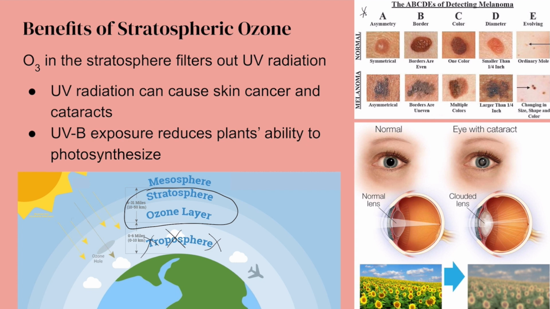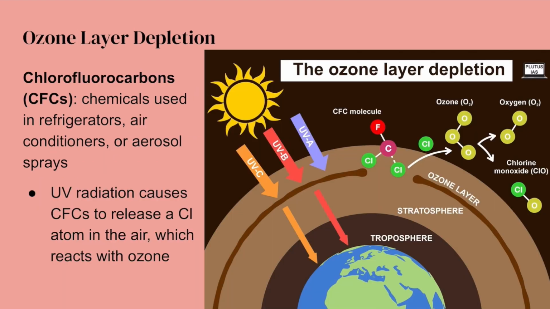So if we have a lot of UVB exposure because we have less ozone in our stratosphere, then we're going to get less photosynthesis, which means there's less energy available for those producers, less energy available for those primary consumers, and then as you continue moving up the food chain, we know that we lose most of the energy as you move upwards through those trophic levels. So if we're losing out on a lot of photosynthetic ability, we're losing out on a lot of available energy.